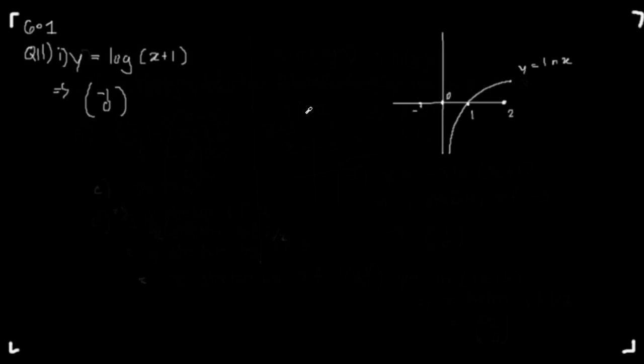I'll draw a mini version of the graph here, at -1, 0. So this is how that graph would look, and this would correspond with graph E for the people who just want the answer.